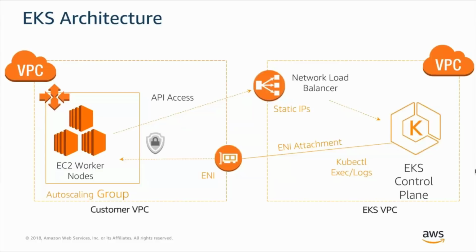We had to inject an ENI, a cross-account ENI coming from a VPC that is managed by the EKS control plane, onto your customer VPC. That essentially gives the communication path for the API servers to talk to the worker nodes. And on the other side, whenever your kubectl or your worker nodes try to talk to the EKS control plane, they talk to the network load balancer. That's the endpoint that is available by the EKS API.